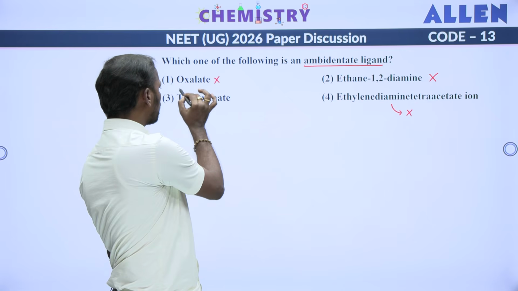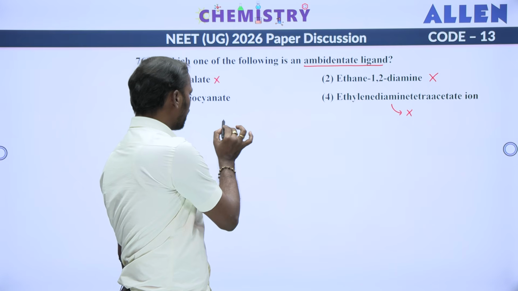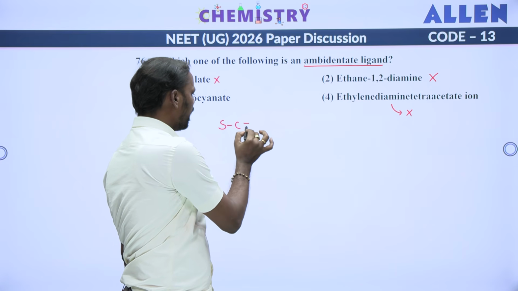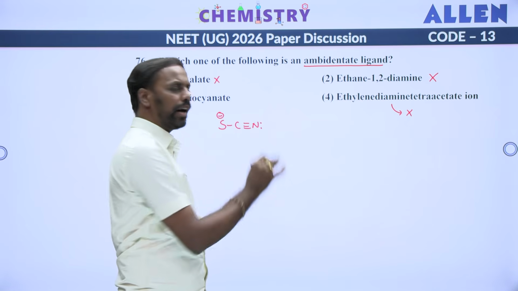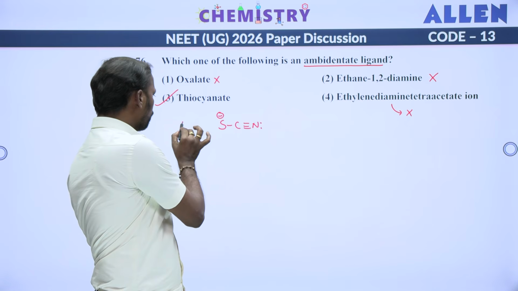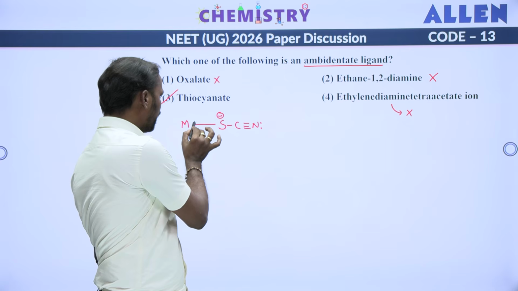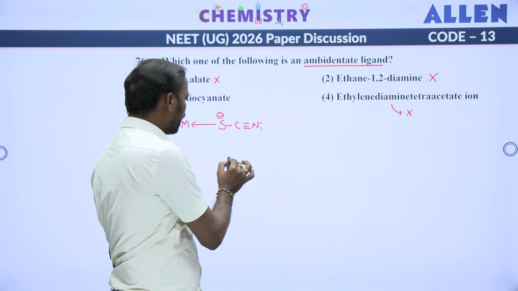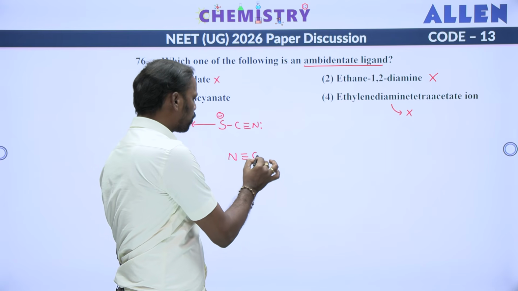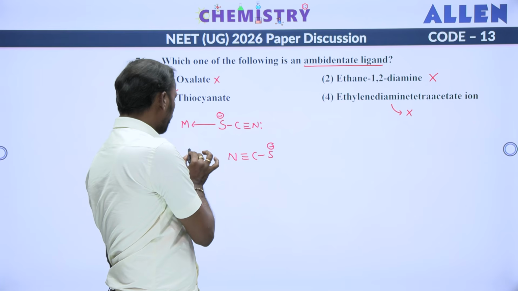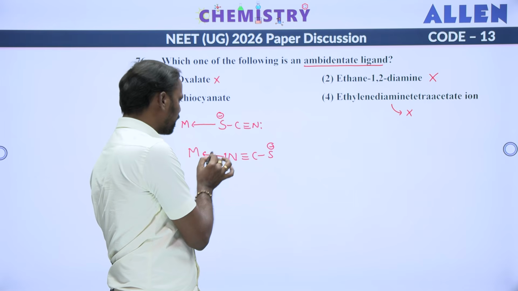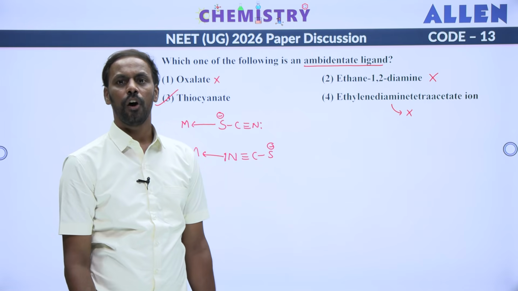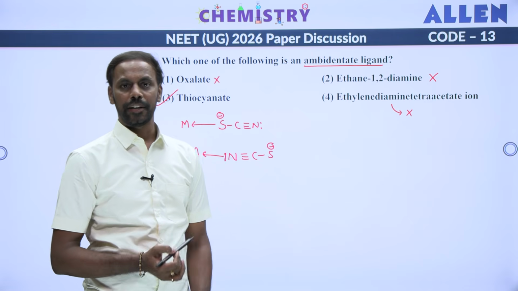But if I talk about thiocyanate, what is thiocyanate here? SCN minus. Okay, so it has two coordinating sites. It can utilize sulfur as a coordinating site or else which coordinating site here? Nitrogen. So it is a monodentate ligand with two coordinating sites present.